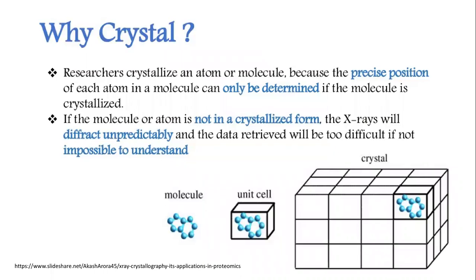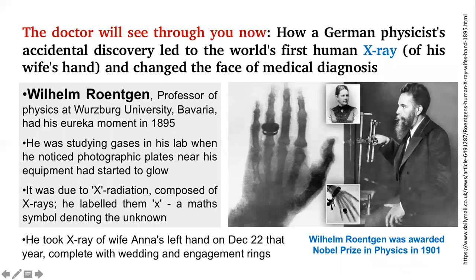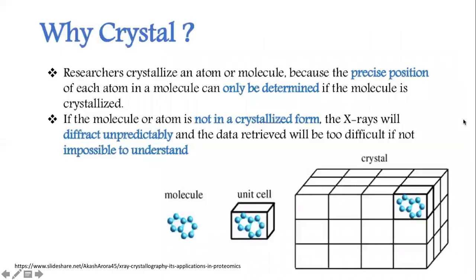So why exactly do we need to have a crystal in the first place for this kind of study? Because when atoms are in precise positions, each atom or molecule can only be determined if the molecule is crystallized.